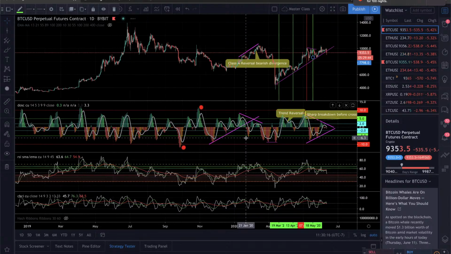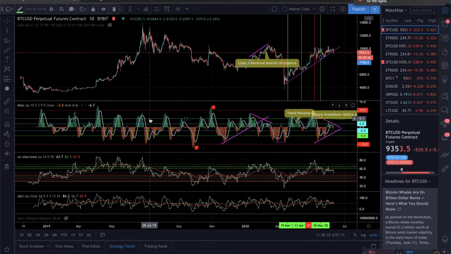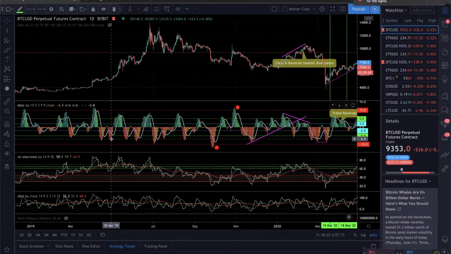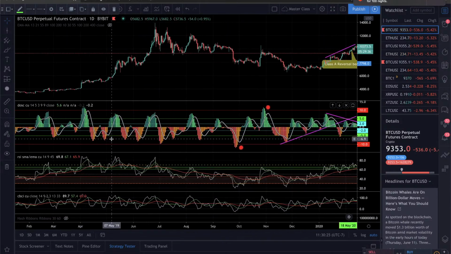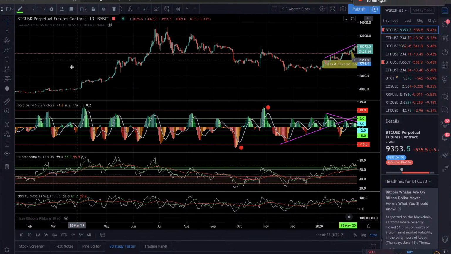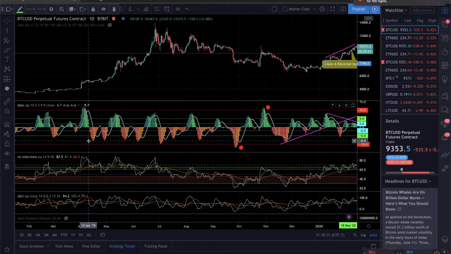Last thing on the derivative oscillator that we can look at is in strong moves, we can find support and resistance on particular areas. So we'll look at this whole bull trend right here. You can see the derivative oscillator on the negative side found support right at the 8.